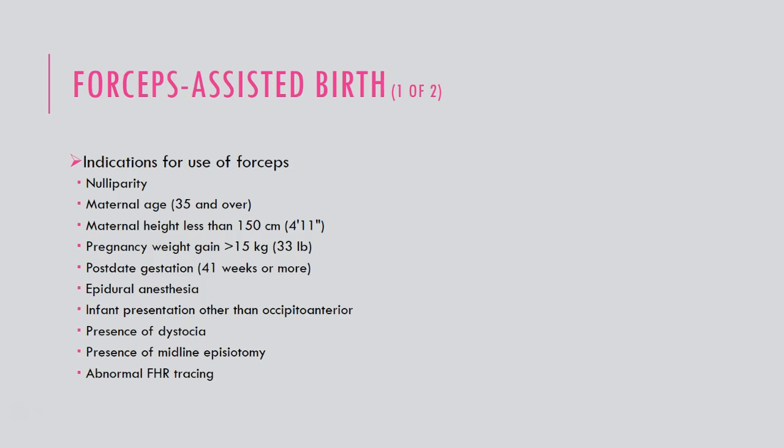I've sort of talked through some of this, but for the forceps-assisted birth, indications that the care provider might need to use forceps would be for somebody who's a nullipara, so they've never had a baby before. They might not understand how pushing works. They may not be able to feel how to push.